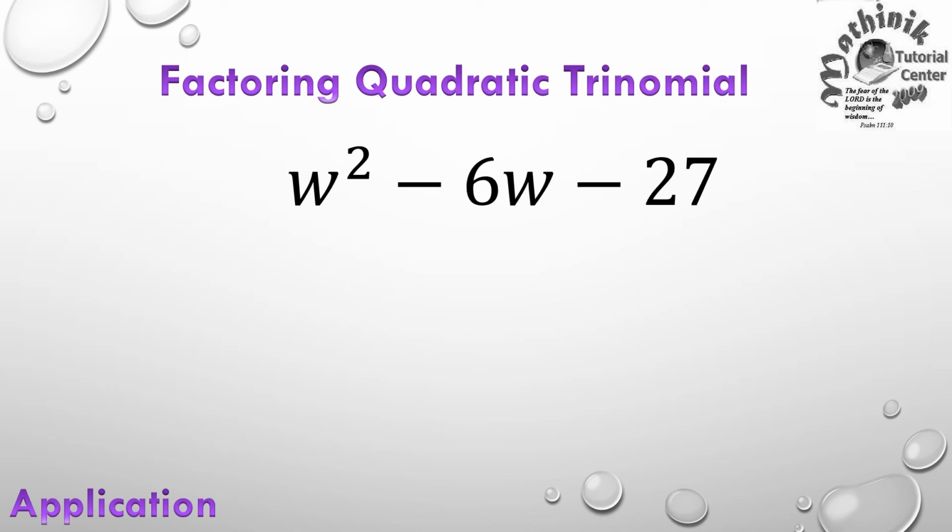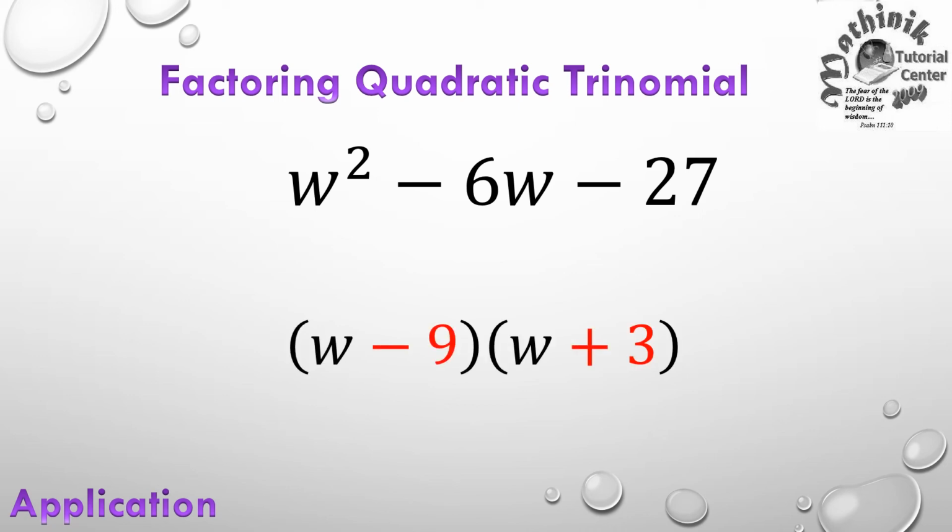w squared minus 6w minus 27. So to factor this, we'll have two binomials whose first terms are w's and whose second terms are obtained by thinking of two numbers whose sum is negative 6 and whose product is negative 27. These are negative 9 and 3.